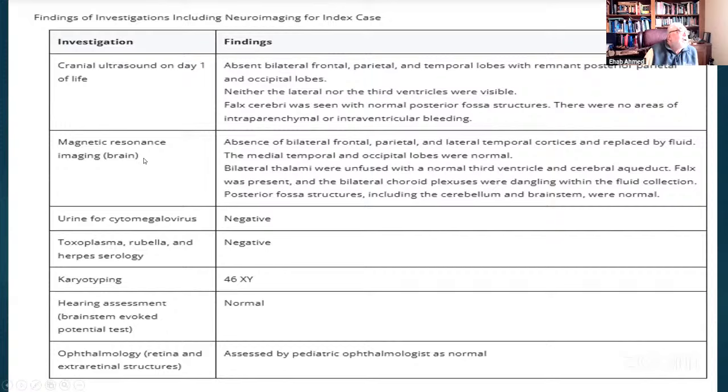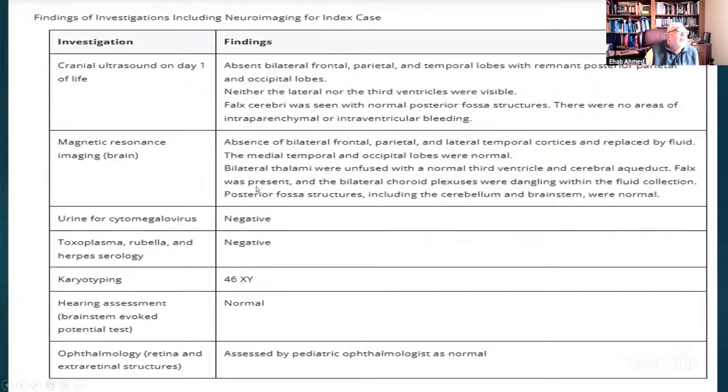If you do MRI, you find absence of bilateral frontal, parietal, and lateral temporal cortices, which are replaced by fluid. The medial temporal and occipital lobes were normal. There were some remnants of occipital lobes. Bilateral thalami were unfused with a normal third ventricle and cerebral aqueduct.